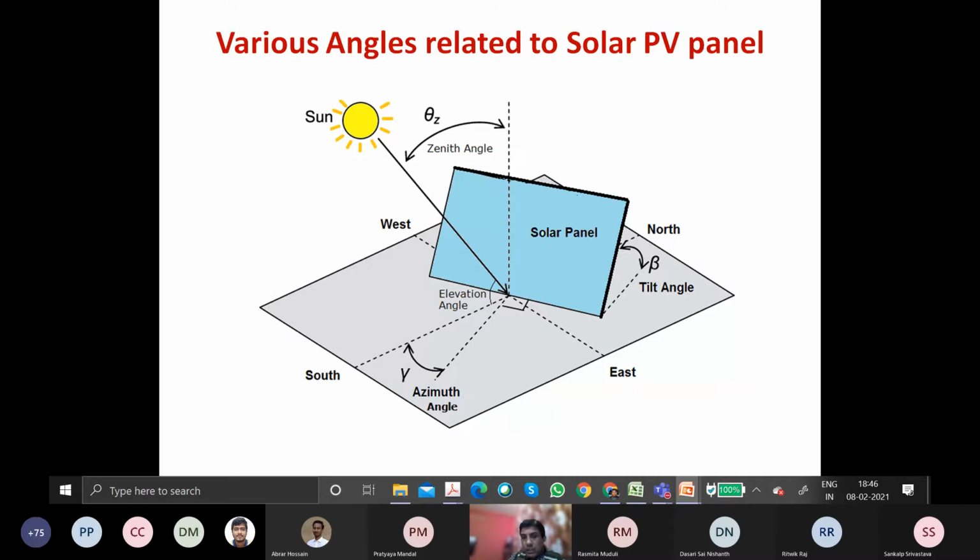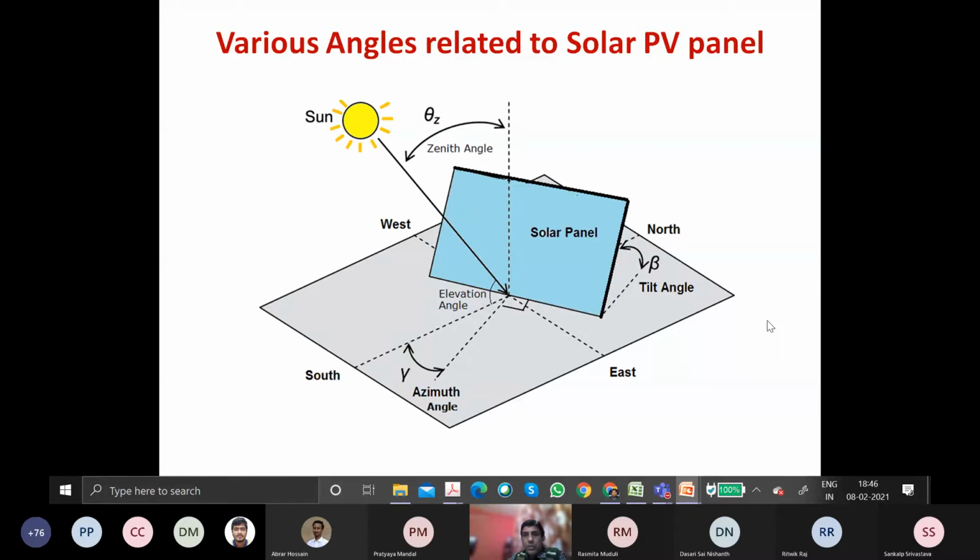So all those factors are involved, and at a particular day and time the incidence angle can be calculated. This drawing is correlated to that, but I am not showing all those formulas here. I'm just giving an idea. If you go to that book, the whole mathematical derivation and formulation is given for cos theta, the solar incidence angle.